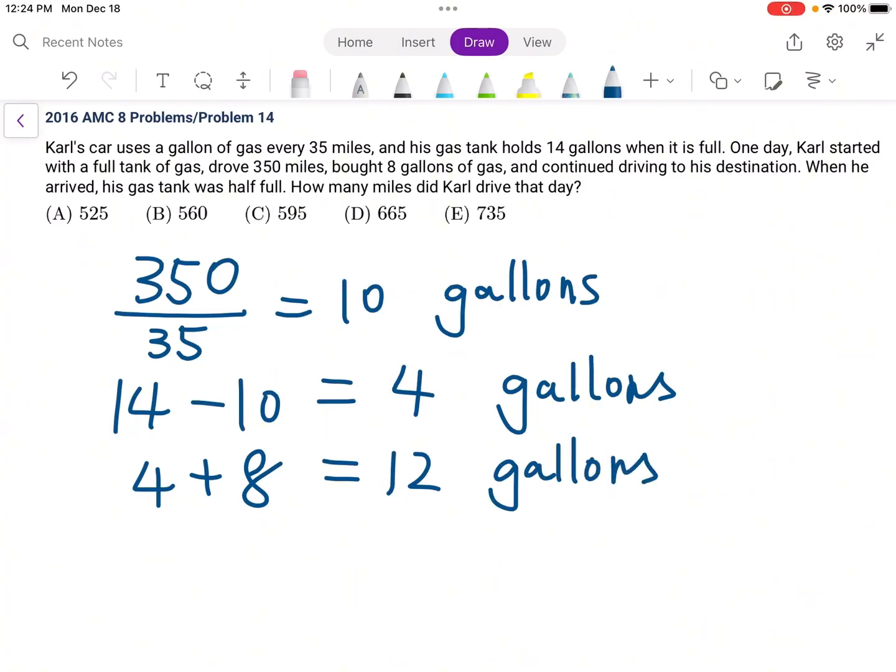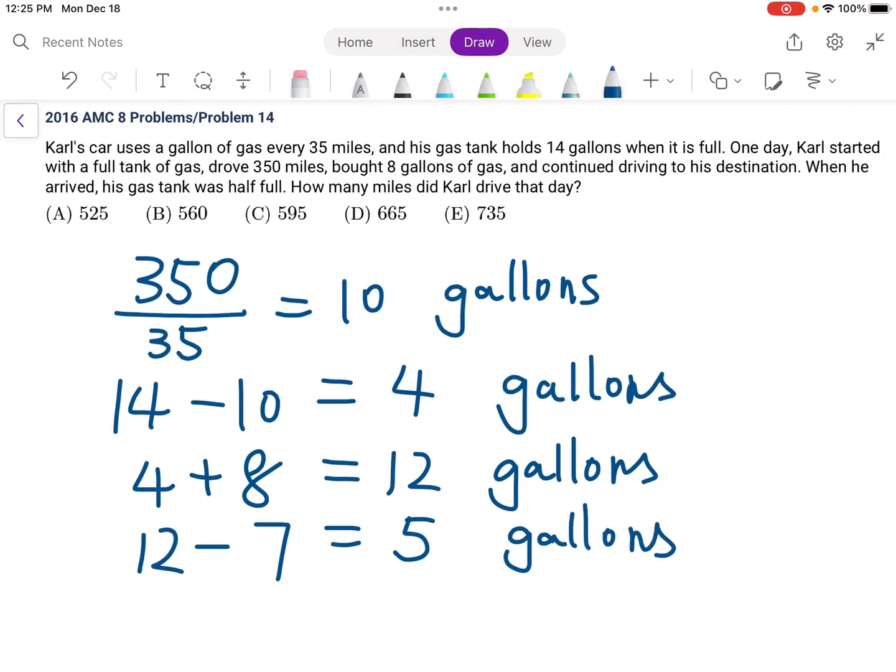And after he finishes the trip, he has half of the tank of oil left. Then half of the tank, because the full tank is 14, is 7. We use 12 subtract 7. That means he used 5 more gallons of oil to travel the rest of the distance.